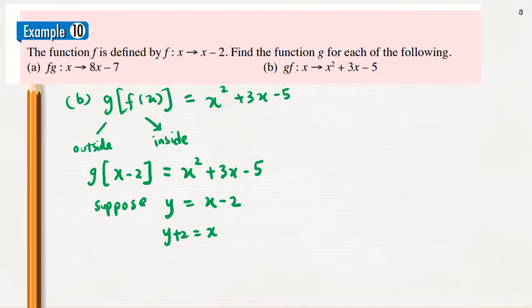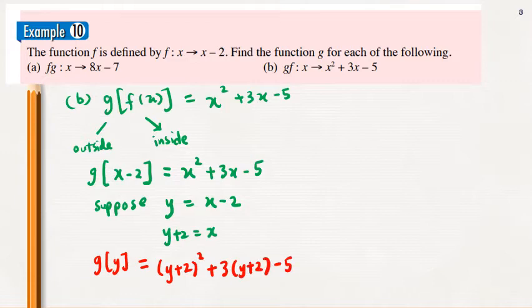So we substitute the first one first. Here, g(x minus 2) we can replace with y. So g(y) is equal to, x we replace with (y plus 2) squared plus 3(y plus 2) minus 5.